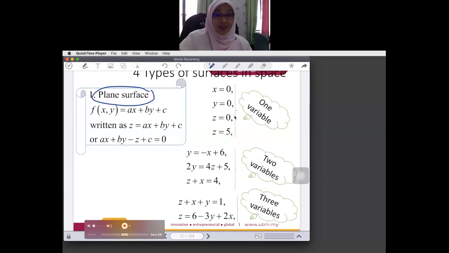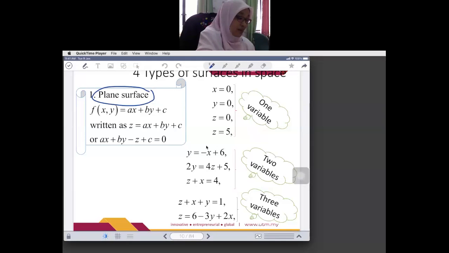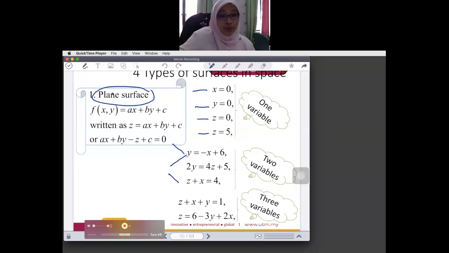Because your graph here is just lines. Maybe this one is just flat, and this one also flat, no slope, right? But this one has a slope, a negative slope, and this one maybe positive, maybe this one negative, but it's still a straight line. So that's why you will have the plane or flat surface.